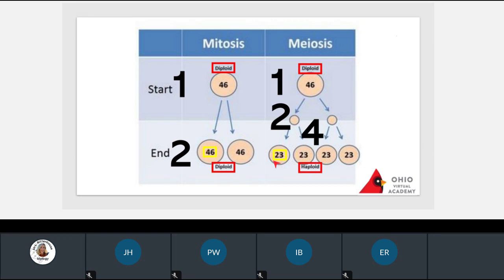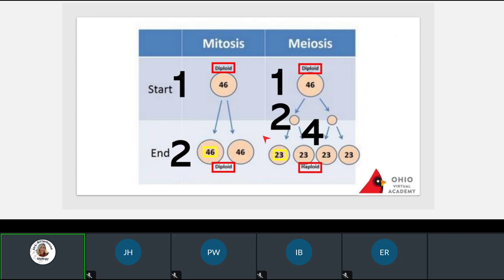All right. The only cells in your body that will not have 46 chromosomes are your reproductive cells. And why would your reproductive cells only have 23 chromosomes? I saw Pip in chat talking about diploid versus haploid, right? These are vocabulary words. Diploid cells just mean full.